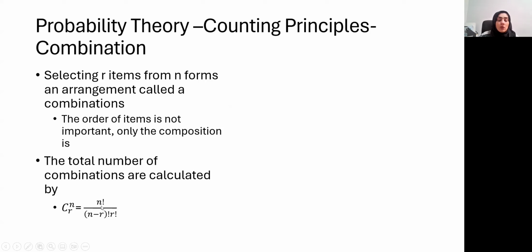This is how you calculate it: N factorial, which is the total number of items in your pool, divided by N minus R factorial into R factorial. You see here the difference from permutation is that you have this additional term, the R factorial in the denominator.